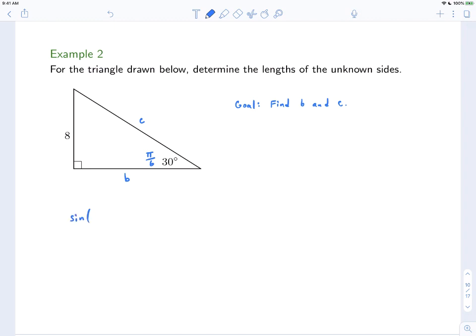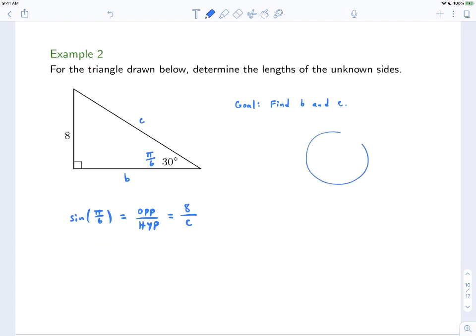So sine of pi over 6 is going to be equal to the opposite side over the hypotenuse. The opposite side has length 8. The hypotenuse, which is something we're trying to learn, has length c. We don't know what it is yet. What we do know is the value of sine of pi over 6.